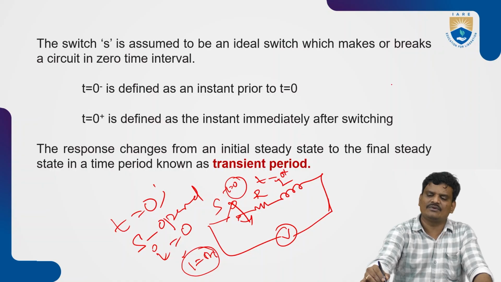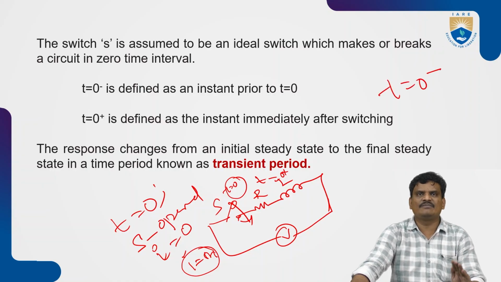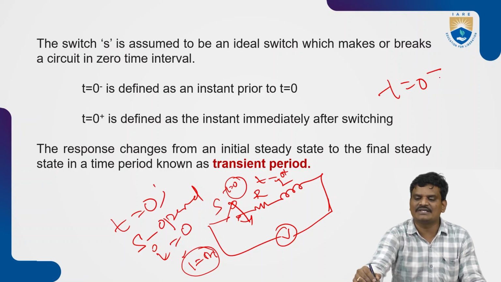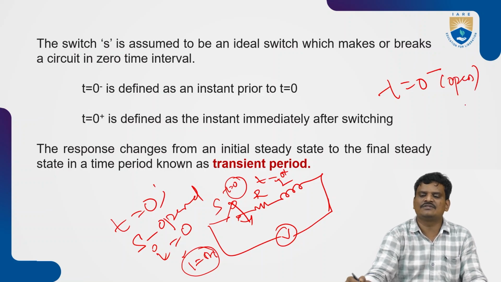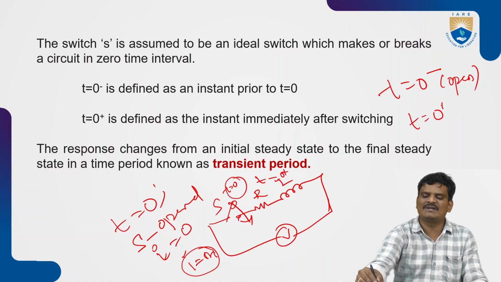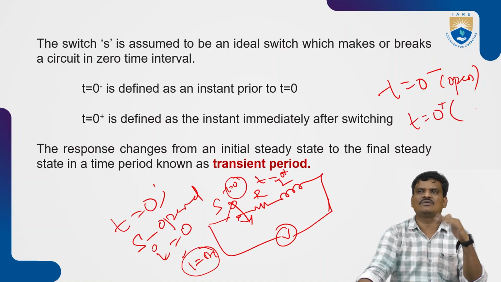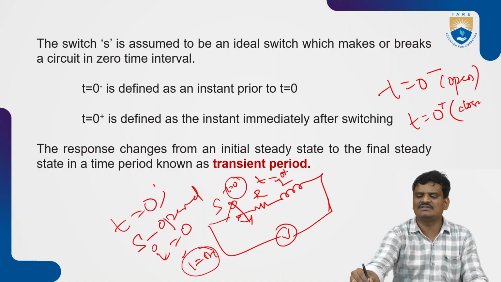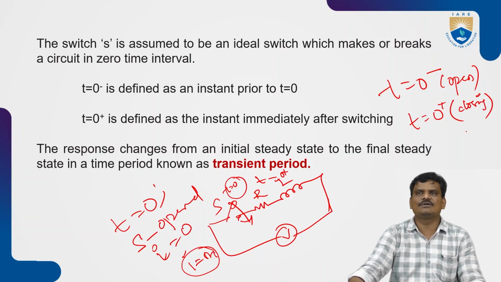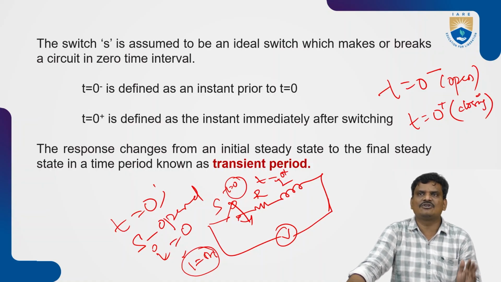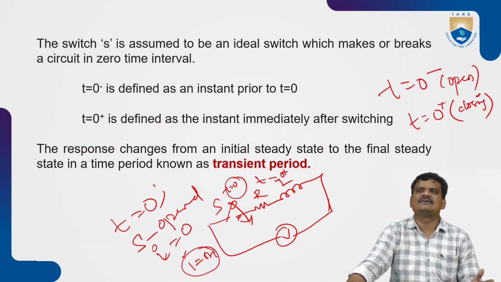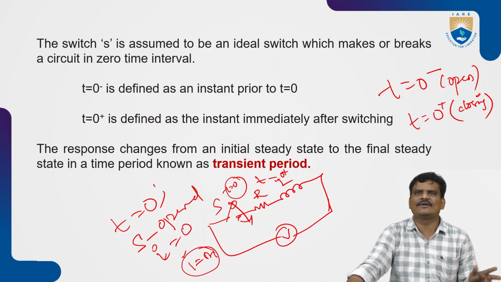In general, with respect to time, t equal to 0 minus is considered as just before closing the switch, that is when the switch is open, and t equal to 0 plus is considered as just after closing the switch. Opening the switch is considered as 0 minus and closing the switch is considered as 0 plus.